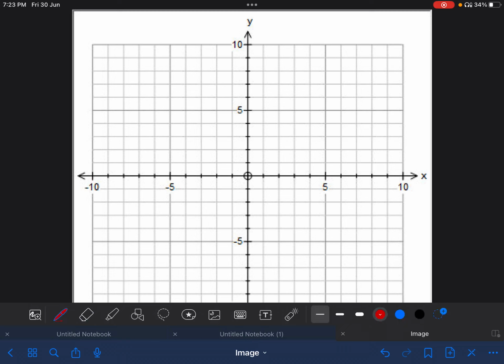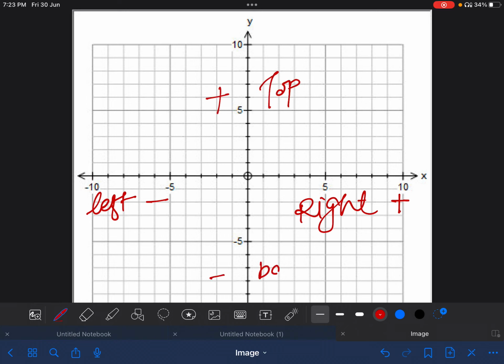This portion we call the positive x-axis. Always keep in mind that the right side we always consider as positive. The left side we always consider as negative. The top is always positive, and the bottom is always negative.